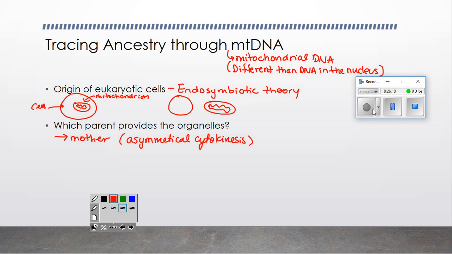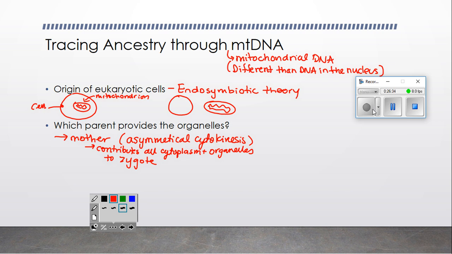It's asymmetrical. The mother then is contributing all the cytoplasm and organelles to the zygote. The father is contributing DNA. That is it.